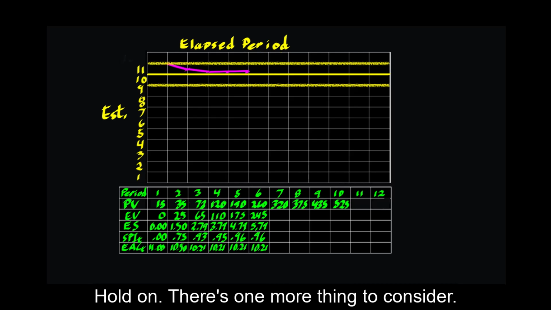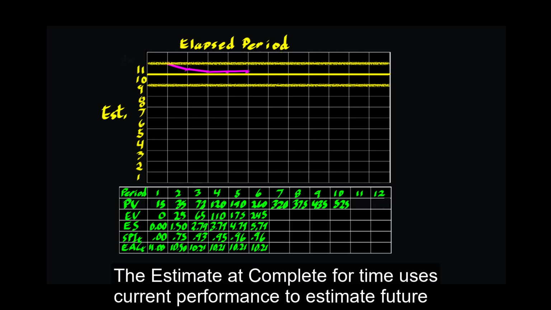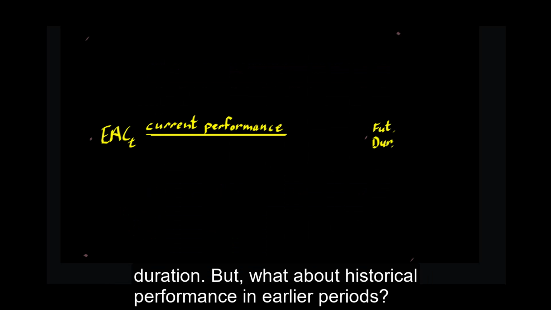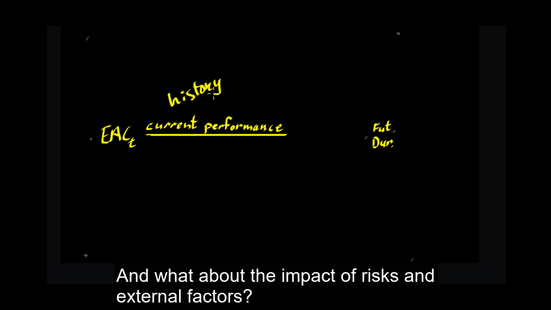Hold on, there's one more thing to consider. The estimate at complete for time uses current performance to estimate future duration. But what about historical performance in earlier periods? And what about the impact of risks and external factors?